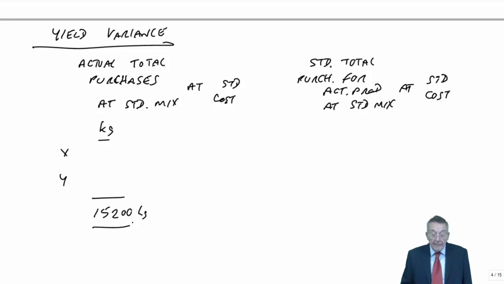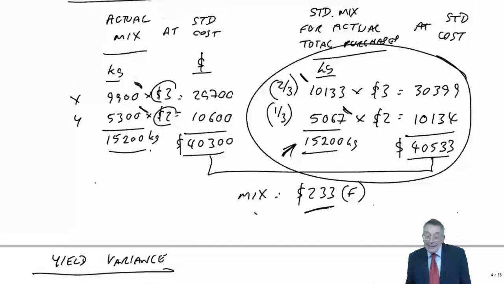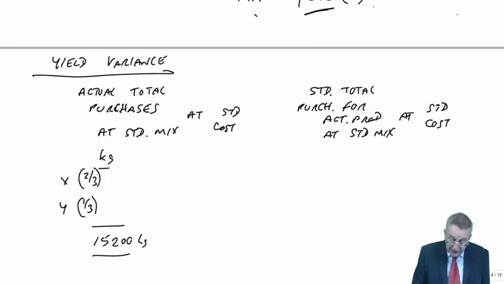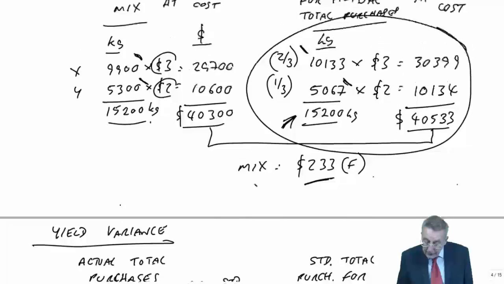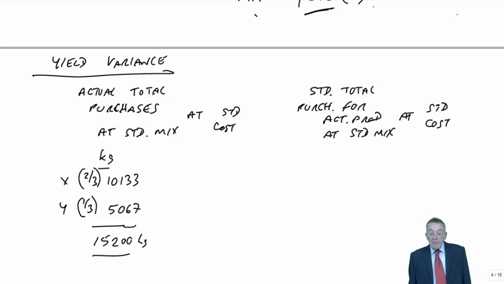If we'd mixed it the right way, it should have been 2/3 X, 1/3 Y. And of course, I've already done the work for that. 10,133 and 5,067. So that's the total we bought, mixed the right way.